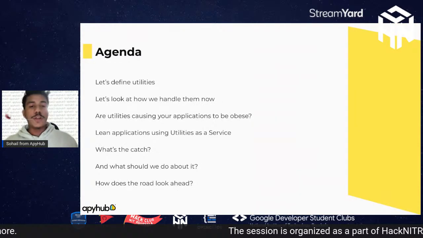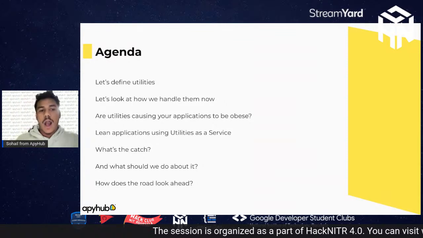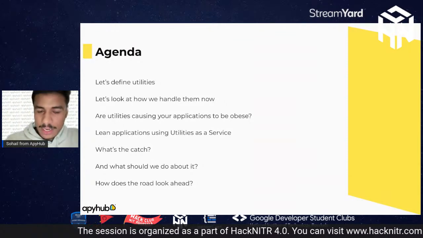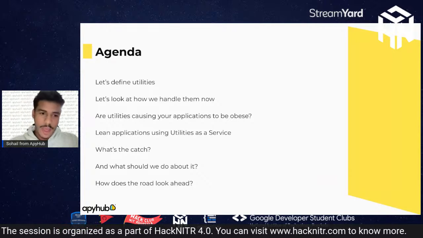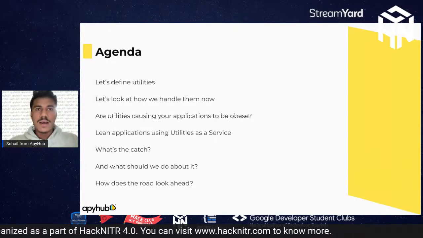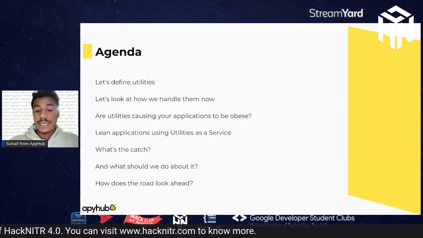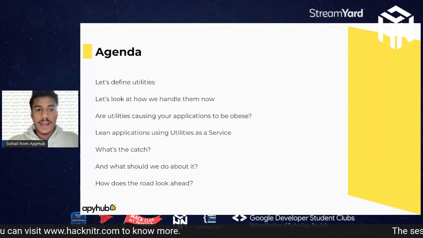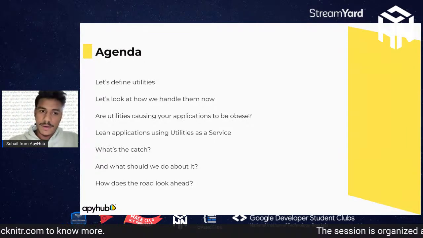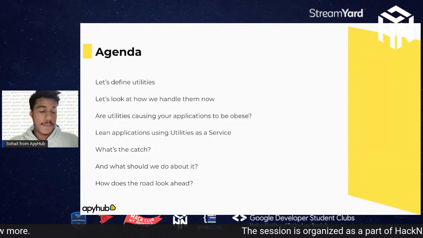We're going to look at what exactly utilities are. I think most of you have heard about what a utility is, and today we're going to go deep down to understand what utility means in developing software applications.